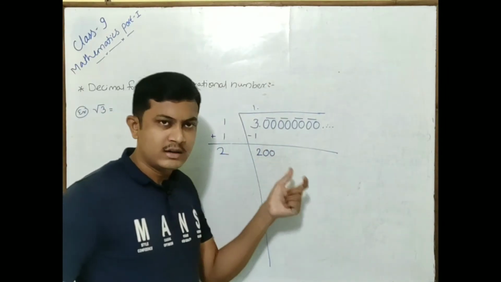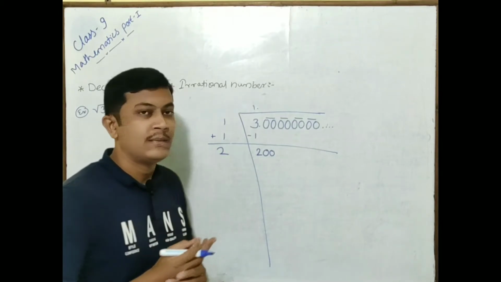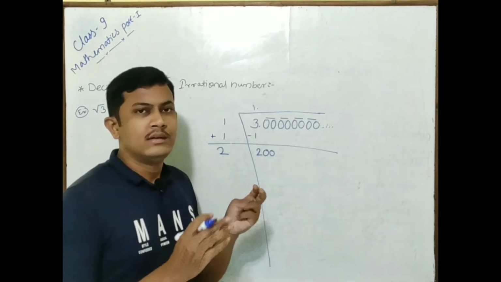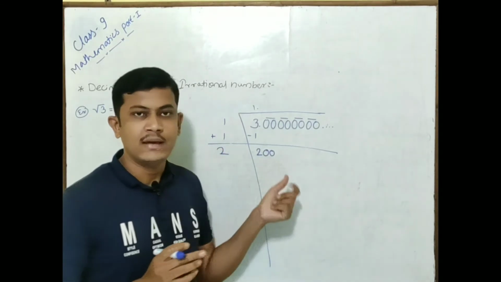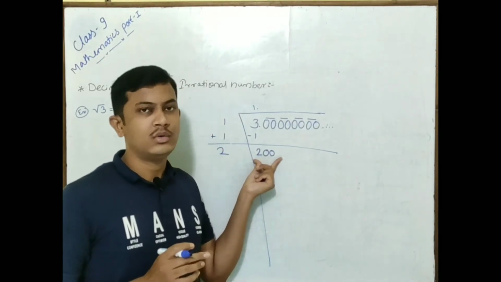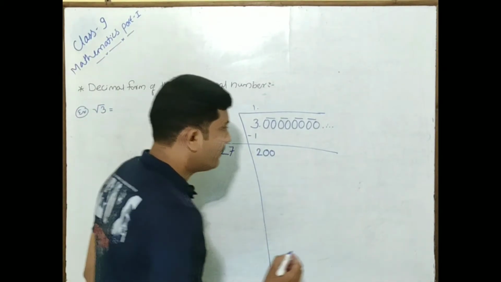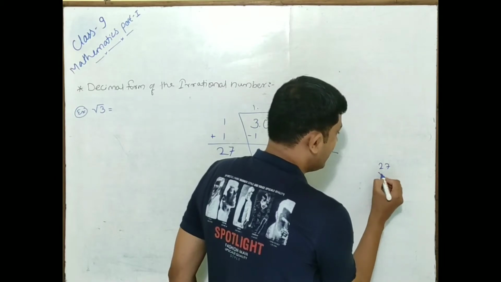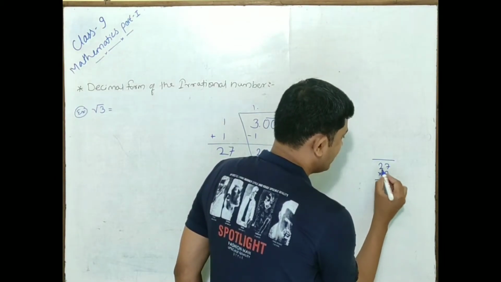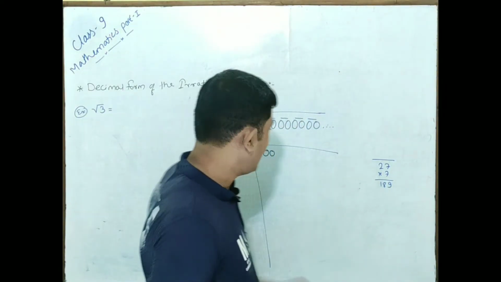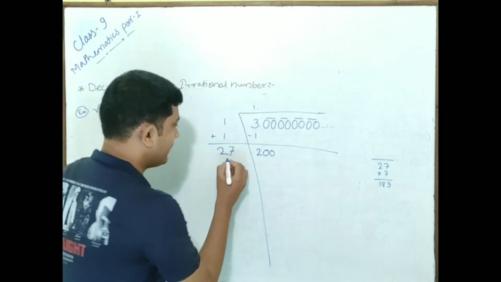If we add another number to the right side, it becomes a 2 digit number, but if we multiply the given 2 digit number by x, that should be less than or equal to 200. So let's take 7. If we multiply 27 by 7, we get 189, and that is less than 200. So here we have to take 7.